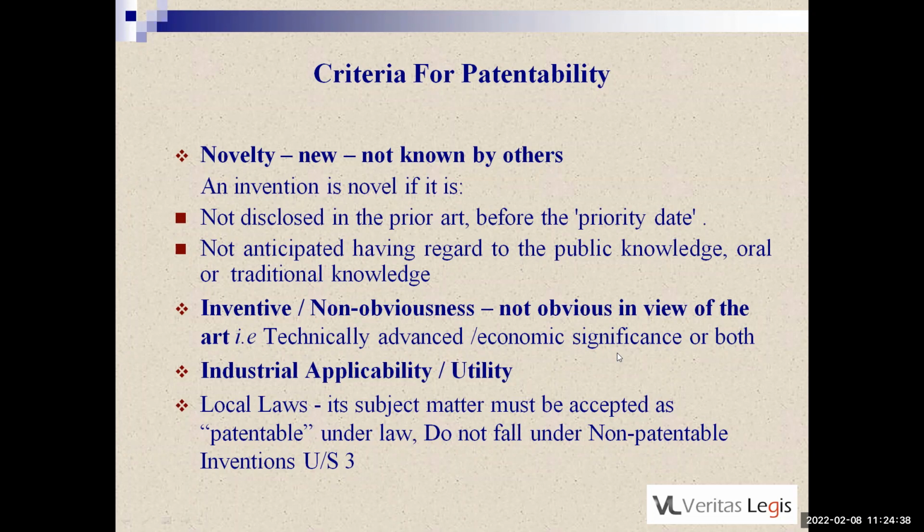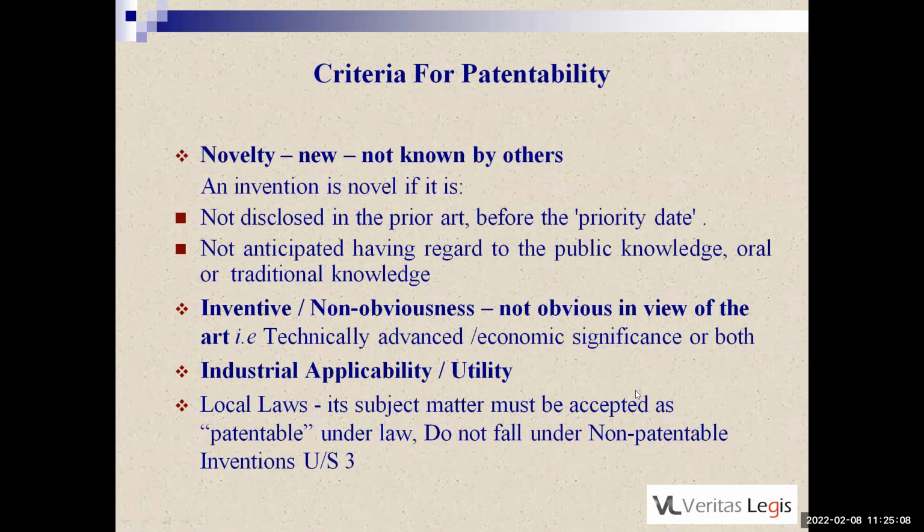Second thing is inventive step. This is the main one. Novelty is of course needed, but inventive step is also a very important factor in a patent. Nowadays, since we are dealing in patents, 90% of objections come in the inventive step only. Inventive step means it is non-obvious to a person skilled in the art.